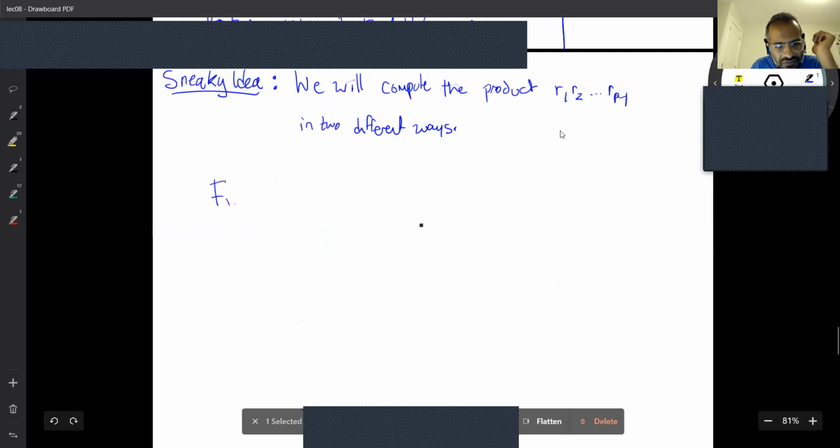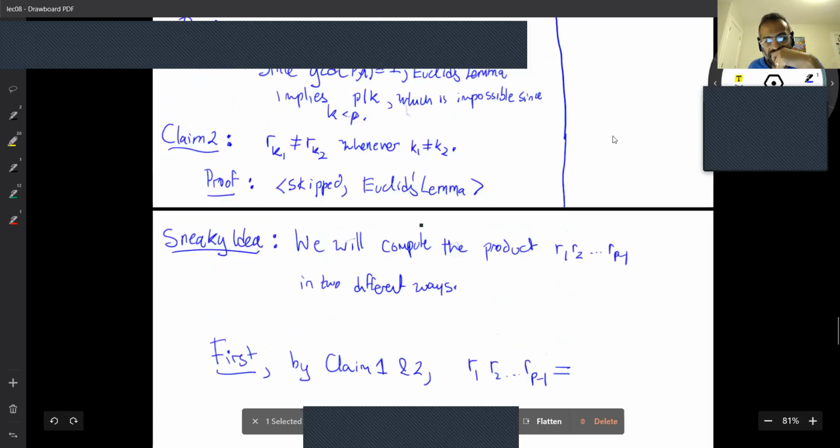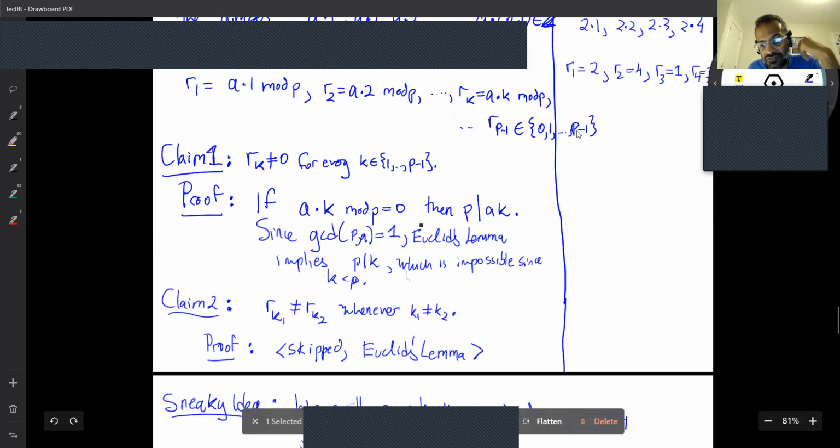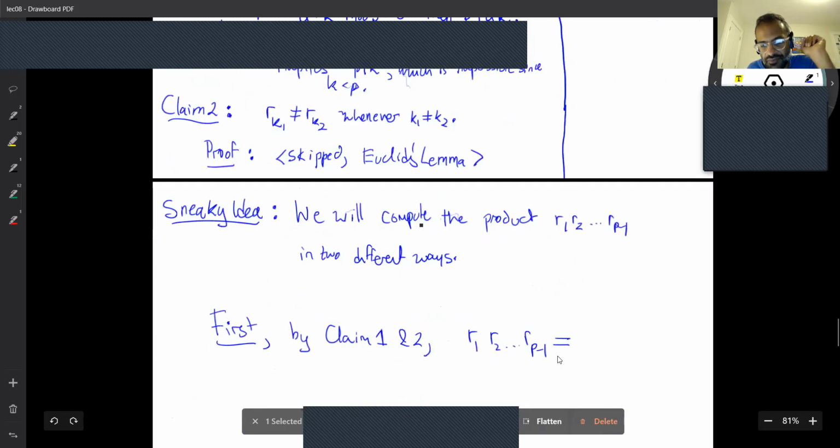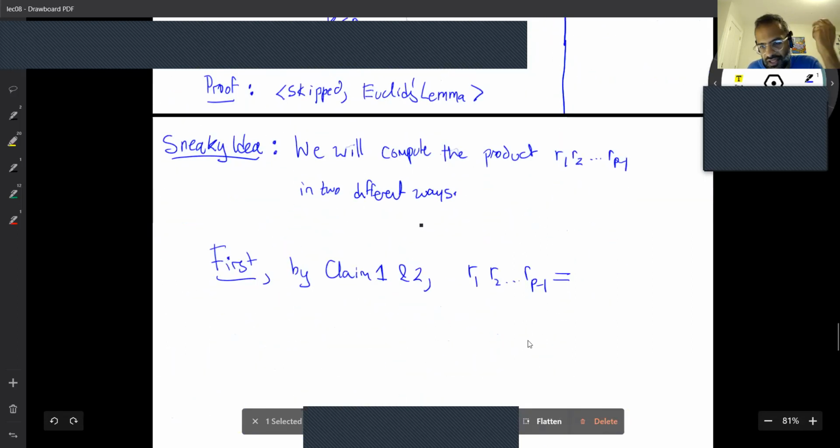So first, by claims 1 and 2, I know what the product is, right? Well, each number between 1 and p minus 1 appears exactly once in this list of numbers. So when I multiply them all together, what am I going to get? p minus 1 factorial.